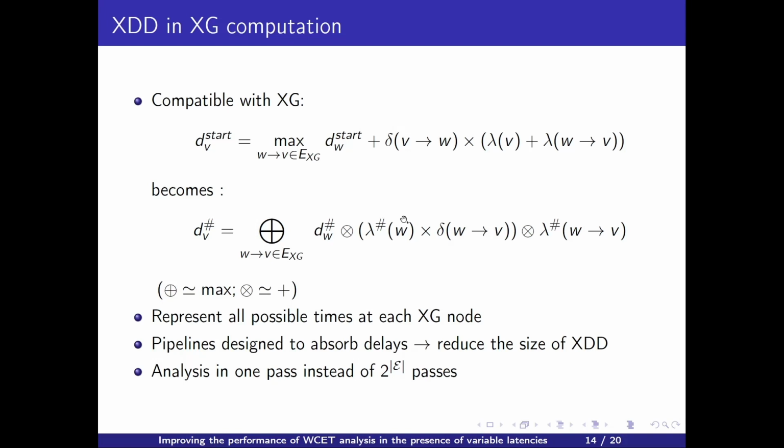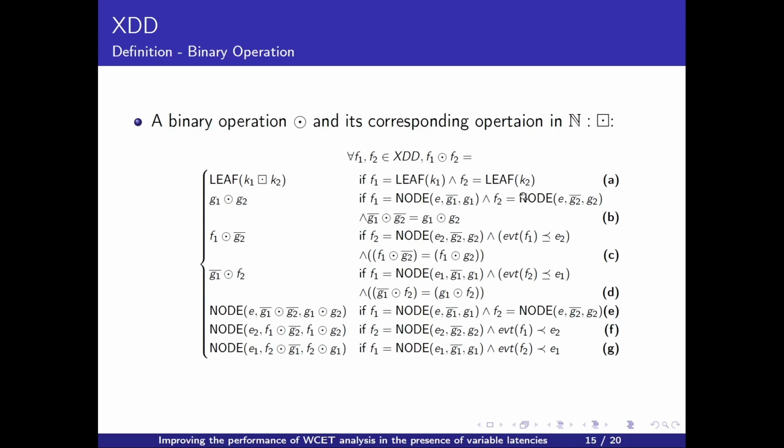In fact, the max and the plus in XDD form a max-plus algebra on the XDD domain that represents and computes all combinations of execution time simultaneously. Now we define these operators. In fact, we can import any binary operation on natural numbers to XDD.